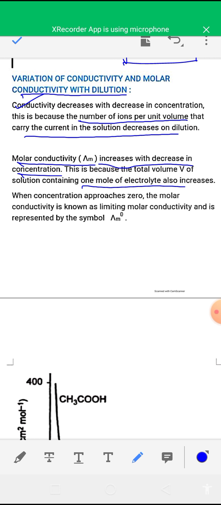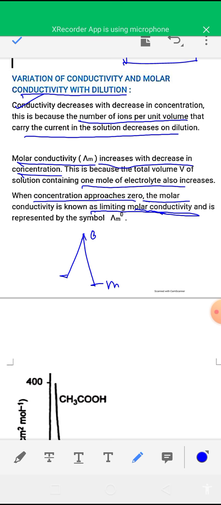When concentration approaches 0, the molar conductivity is maximum. Molar conductivity of a solution is maximum when the concentration of the solution approaches 0, and this molar conductivity is known as limiting molar conductivity, which is represented by lambda m 0.